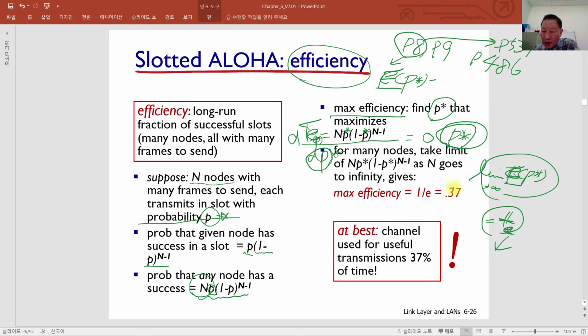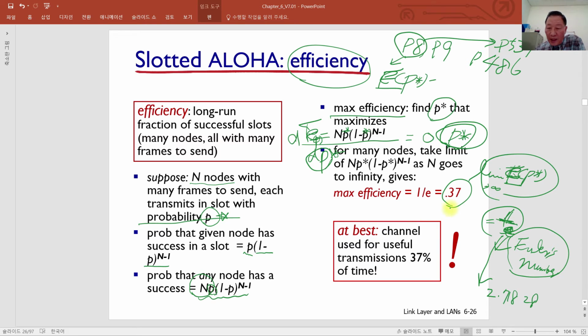But finally this constant, 1 over e, e is Euler's number, a mathematical constant, and also the base of the natural logarithm, and this number is around 2.71828. Then you can get this value.